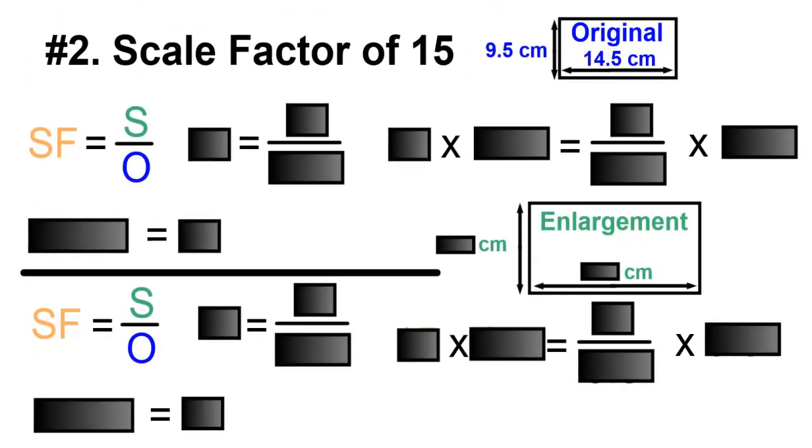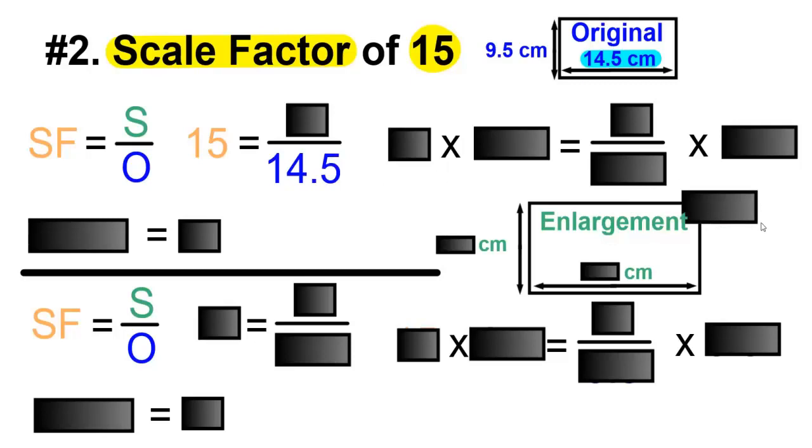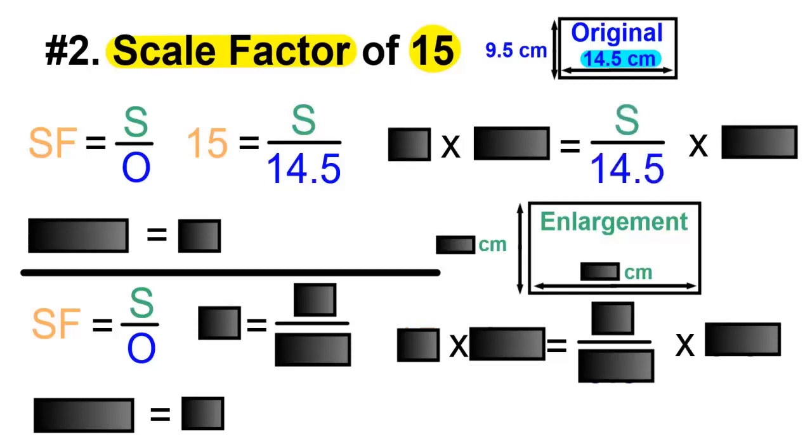Number 2, a scale factor of 15. Scale factor is equal to scale over original. This time the scale factor will be 15. The original of the large side of the rectangular box is 14.5. And the scale of the enlargement is the unknown. We have to isolate the s, so we'll multiply by 14.5.